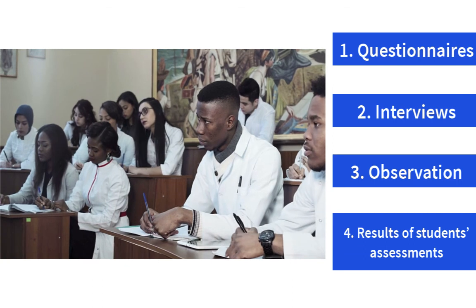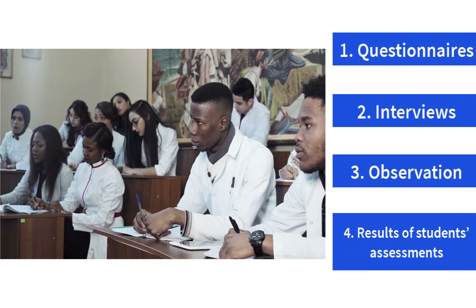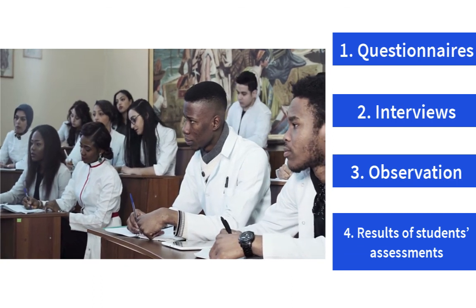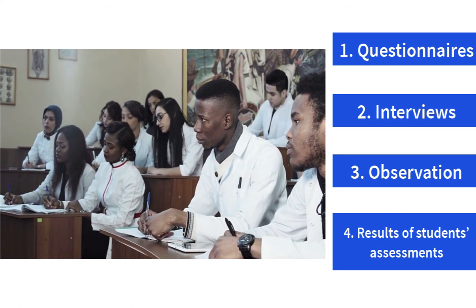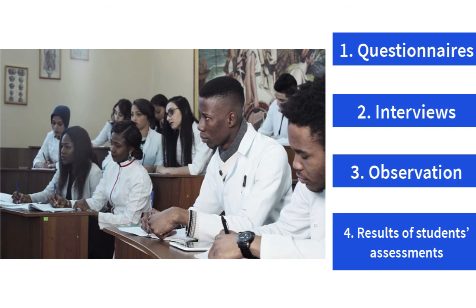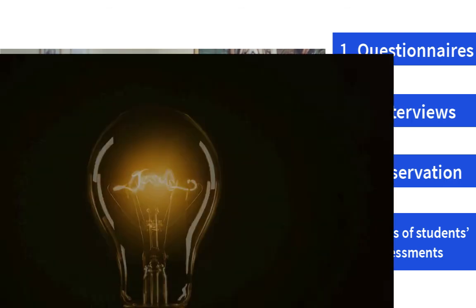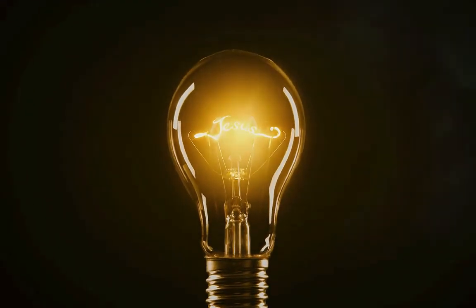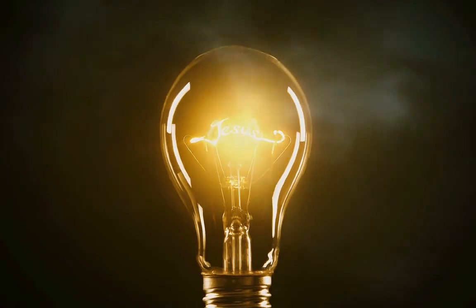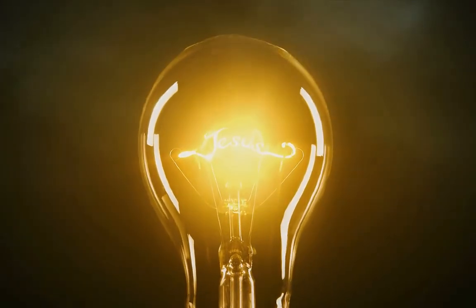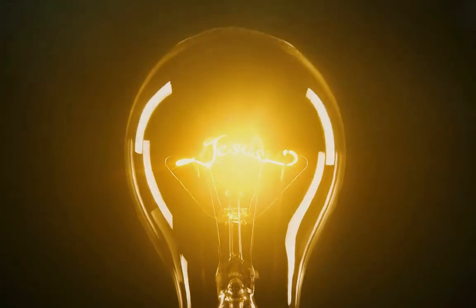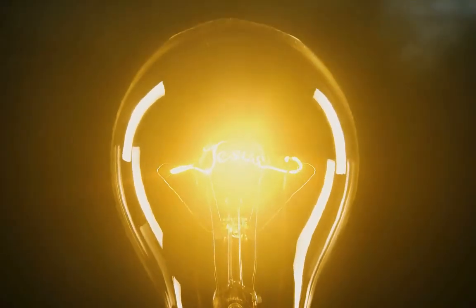And we also have the results of students' assessments throughout the program, formative or summative, written or workplace-based assessments that might also be a proper input, especially with regards to level 2. These are some of the methods and instruments by which we can evaluate our programs, but the options are not limited to this, and you can choose from a wide variety of instruments out there that suit your particular needs.